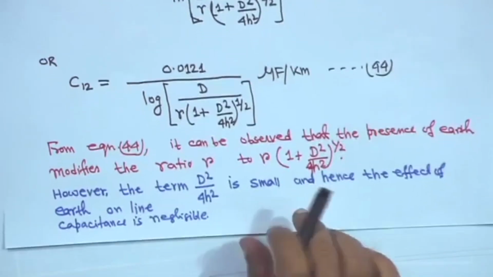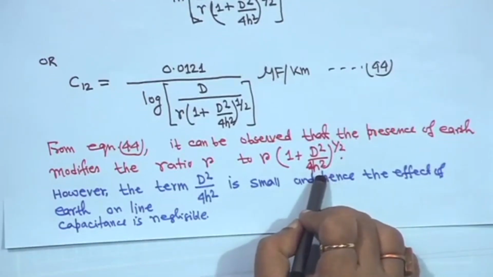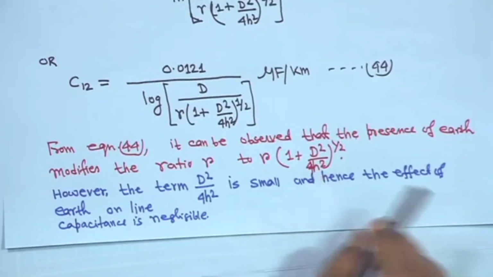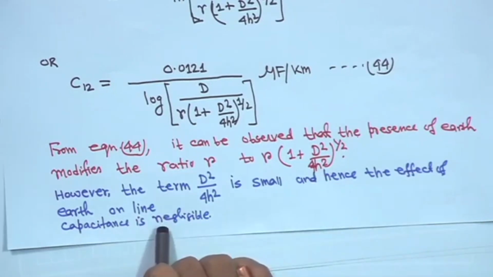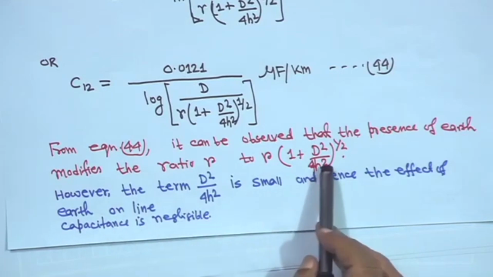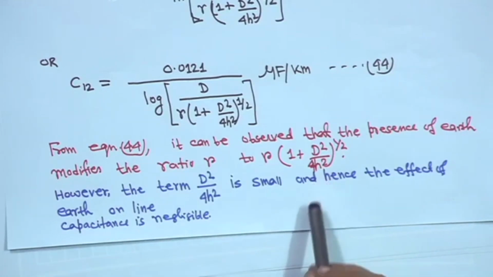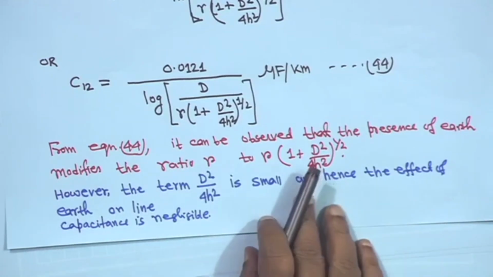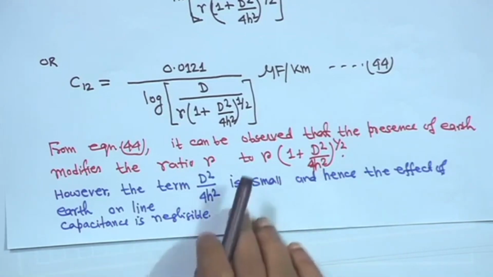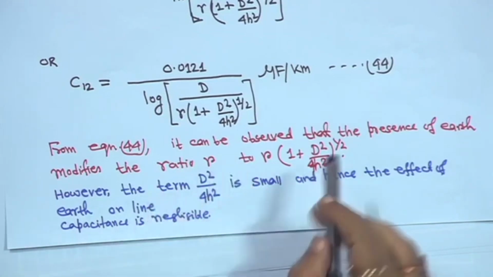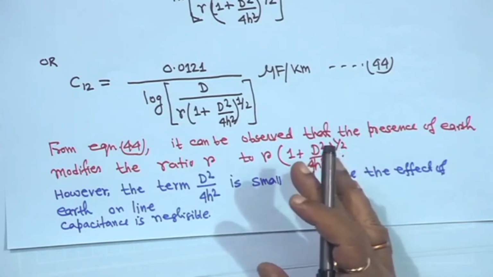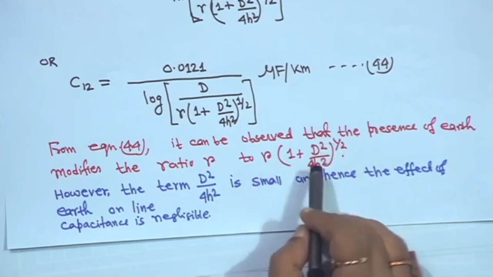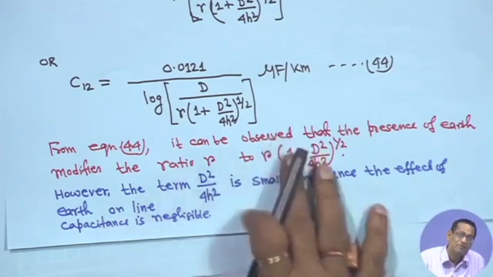However, this d square by 4h square term is actually very small, and hence the effect of earth on line capacitance is negligible. This is because the conductor lies much above the ground compared to d, because d is the spacing between the two conductors and h is the height of the conductor from the ground.